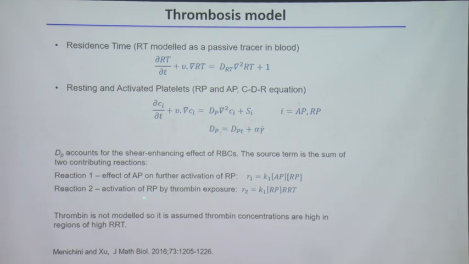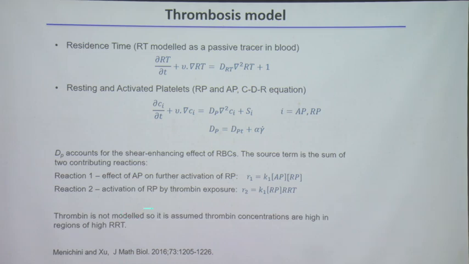On the other hand, the resting platelet can also be activated by thrombin exposure. The thrombin, as said earlier, is one of the key enzymes in clot formation, so that needs to be reflected in this model. Even though thrombin is very important, we do not model the thrombin directly.